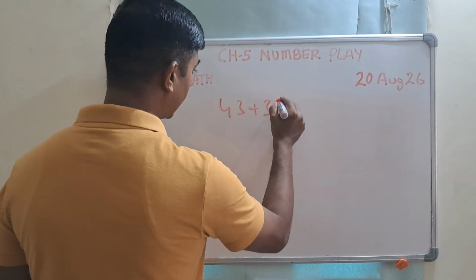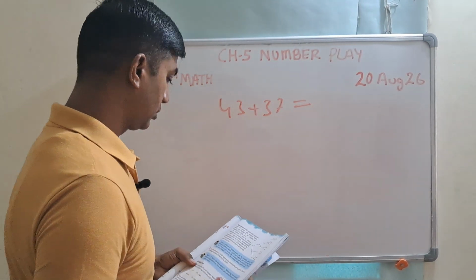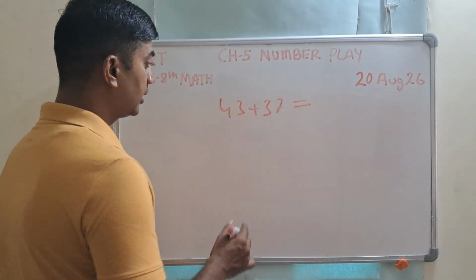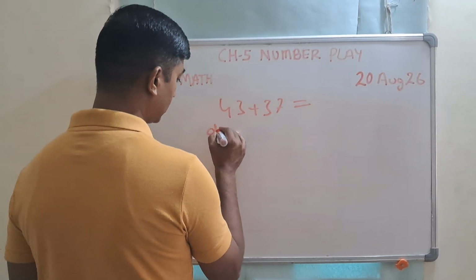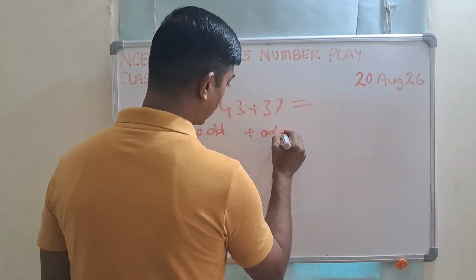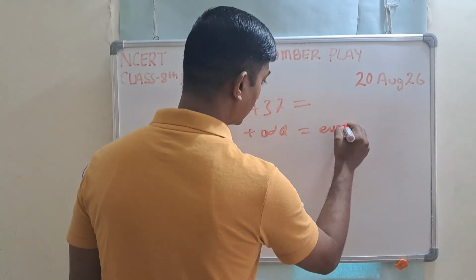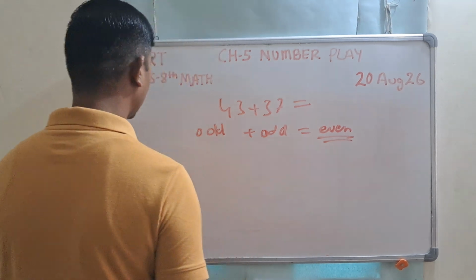43 plus 37. What will the result be, even or odd? Now see, this is odd and this is odd, so the result will be odd plus odd, even. Understood?